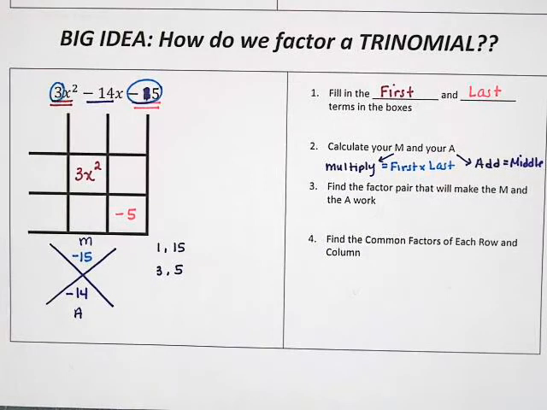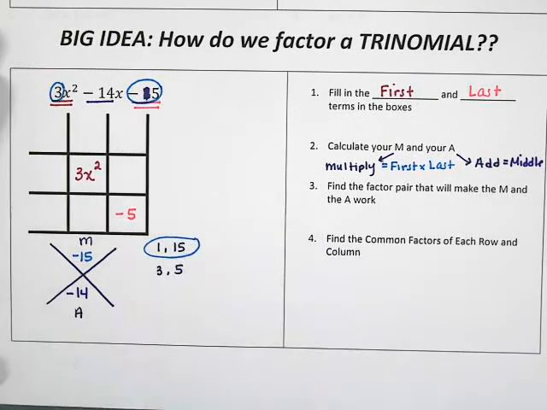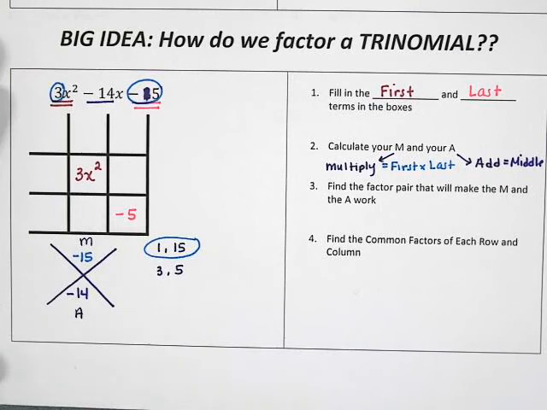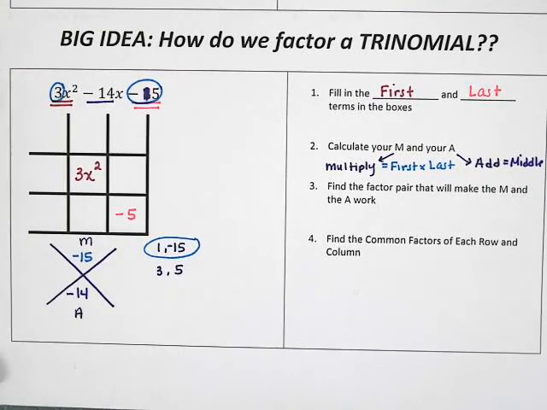Now I'm going to narrow down those options by asking myself which of those numbers will also combine to make 14 when I add them. Well, the only way to make 14 would be to combine the 1 and the 15. And if I want to make -14, I would make the 15 negative.